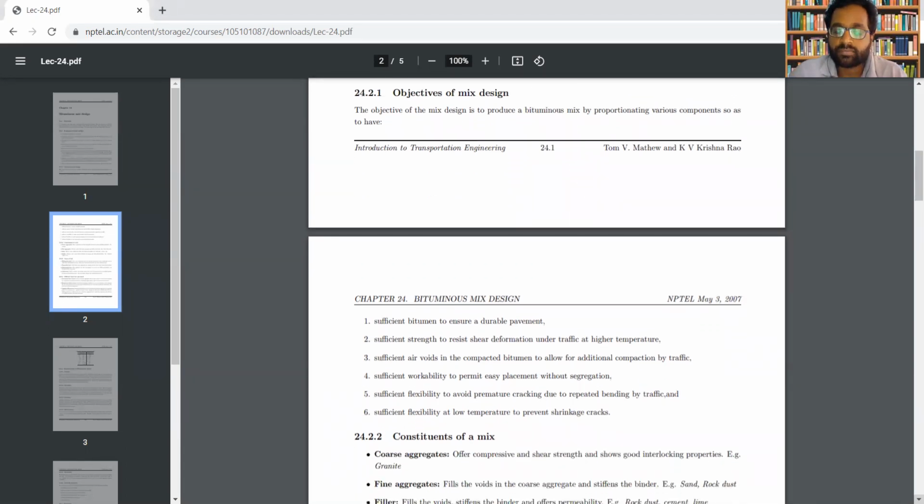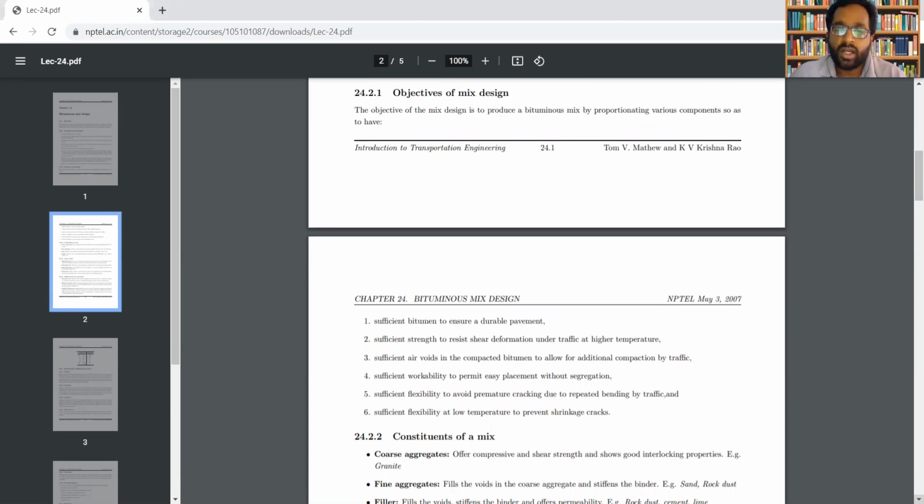Then, in the compacted bitumen, there should be sufficient air voids present so that additional compaction by traffic is allowed. Then there should be sufficient workability without segregation.